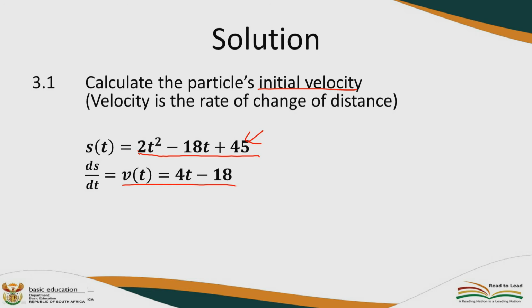They are asking about initial velocity. Initial, you should know, means t equal to 0. So in the expression for velocity, our t should be equal to 0. We replace t with 0, and we find that our answer is negative 18 meters per second.